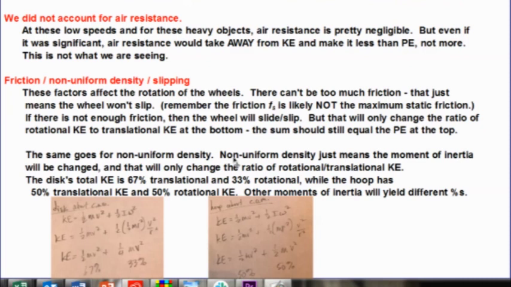It's metal around the edges and air on the inside. So anything that's non-uniform density is just something that has a different moment of inertia than the disk that has uniform density, just like the hoop has a different moment of inertia than the disk because its distribution of mass is different. Remember, that's basically what the moment of inertia is a measure of, the distribution of the mass.